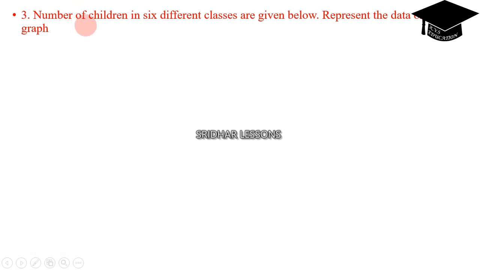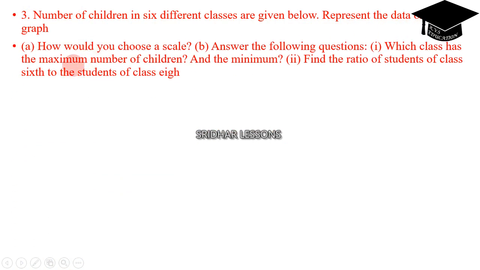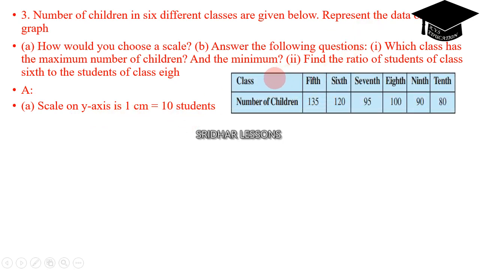Next question. The number of children in 6 different classes are given below. Represent the data on a bar graph. And how would you choose the scale? We will see the scale on the y-axis is 1 centimeter equals 10 students. Classes 5th, 6th, 7th, 8th, 9th and 10th, 6 different classes, and the number of children are 135, 120, 95, 100, 90 and 80.